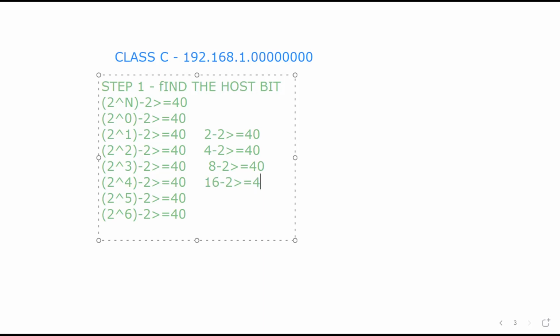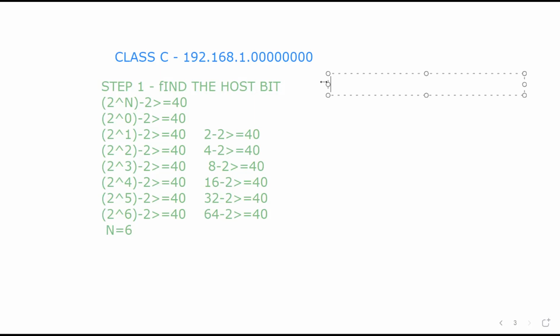No. 32 minus 2 is greater than or equal to 40? No. 64 minus 2 is greater than or equal to 40? Yes. So what is the value of our n? n is equal to 6, right?